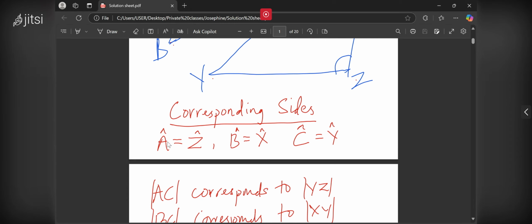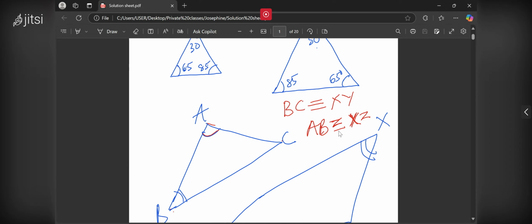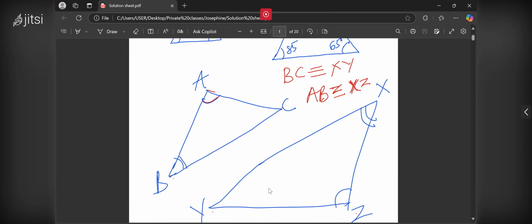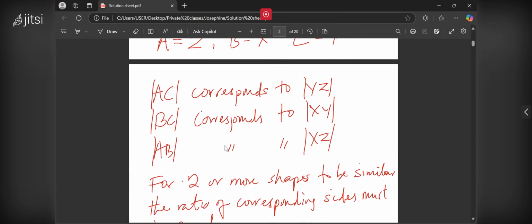Once you've identified the angles that are equal, angle A equals angle Z, angle B equals angle X, and angle C is equal to angle Y. So AC corresponds to YZ, and BC corresponds to XY, while AB corresponds to XZ.